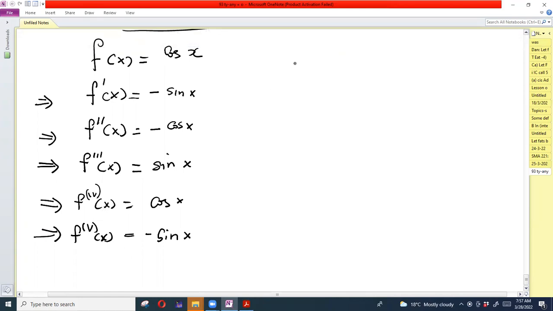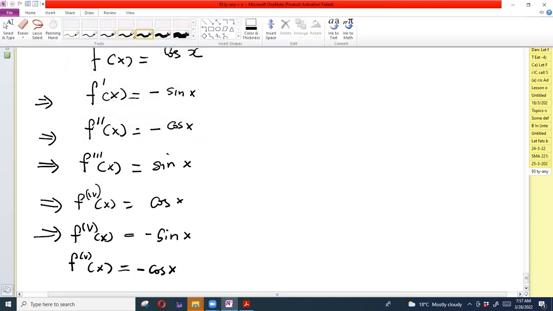But if you are to go to the 6th derivative, the derivative of minus sine x is minus cos x. It's like we are now repeating this pattern here.